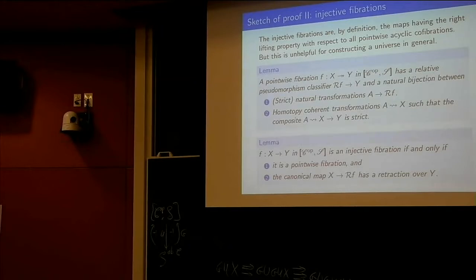What this says is that if I have a coherent natural transformation whose codomain is X and which is strict in Y, that gives me a strict map into R of X, and then I can map it back into X. I can rectify a coherent natural transformation to a strict one in some suitably coherent way. So that's what this structure does. I'm not going to say anything about how to prove it, but you can ask about it later.